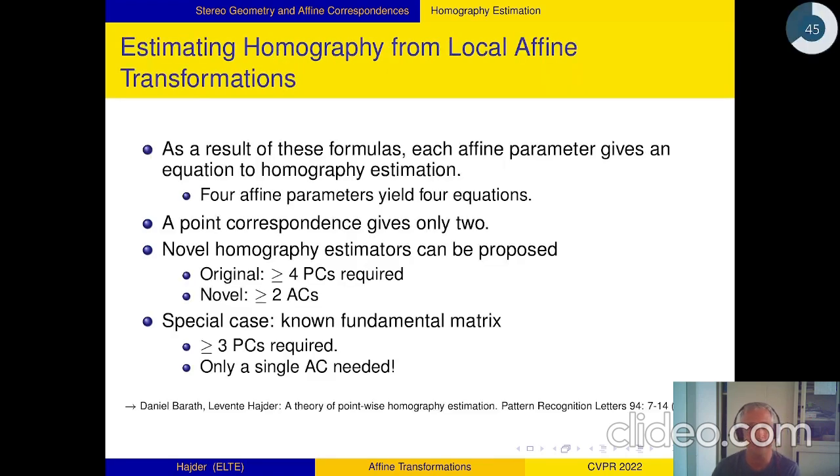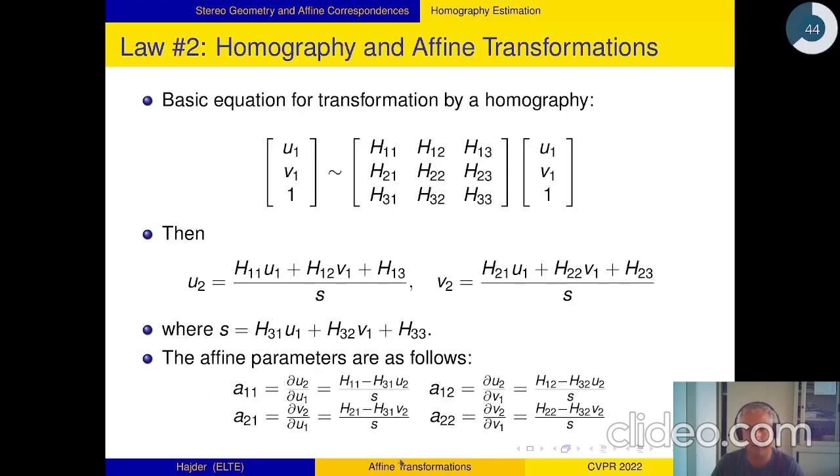So here there are four equations, and if only point correspondences are used, it's well known that there are two coordinates, there are two equations for the coordinates in the second image, and each point correspondence gives two equations. However, if we know the linear part of the affine transformations, then we have four additional equations which are seen here.